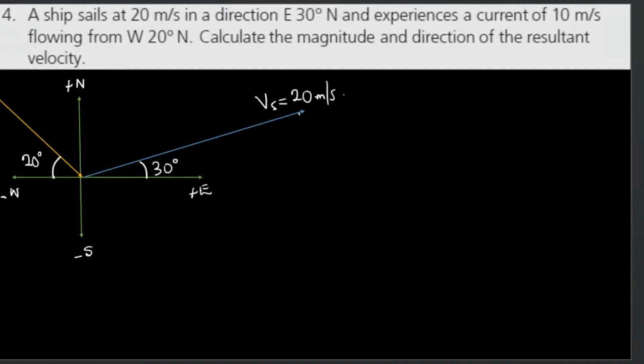So with this one, let me just indicate the direction of the arrow. You have to determine the magnitude and the direction of the resultant velocity. Let's quickly calculate the vertical and the horizontal component of each. Let me extend this one. For 20, let me just calculate that.